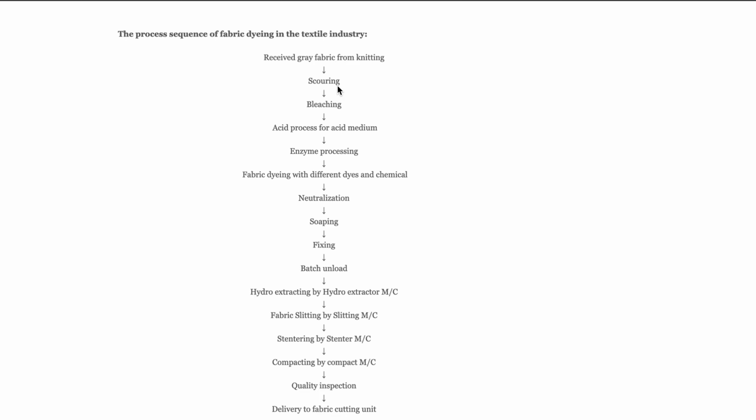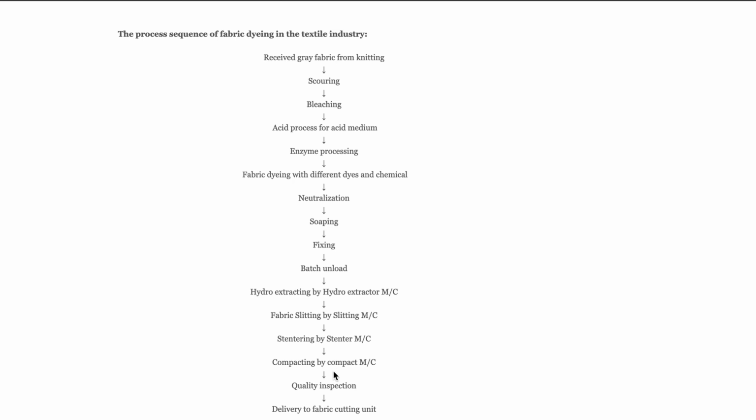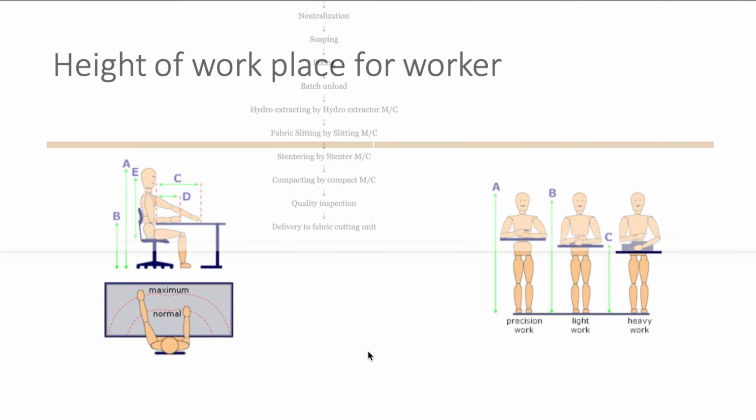Scouring means washing with soap water, then bleaching, acid process for acid medium, enzyme processing, then fabric dyeing with different dyes, then neutralization of the acid we used above, then soaping, then fixing, batch upload, hydro extracting by hydro extractor, then fabric slitting by slitter, stentering by stenter, compacting by compactor, and quality inspection. Then at last, delivery to the fabric cutting unit.